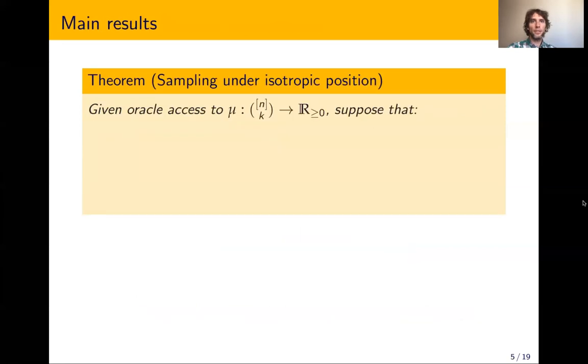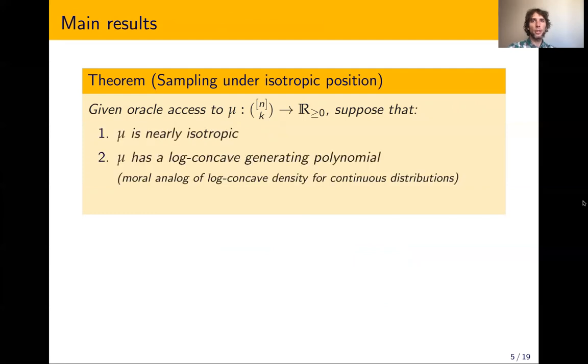With this notion of isotropy at hand, we can now present our main results. Informally, our first theorem states that given oracle access to a distribution mu that is nearly isotropic and has a log-concave generating polynomial, we can approximately sample from mu in time polynomial in the output size k.